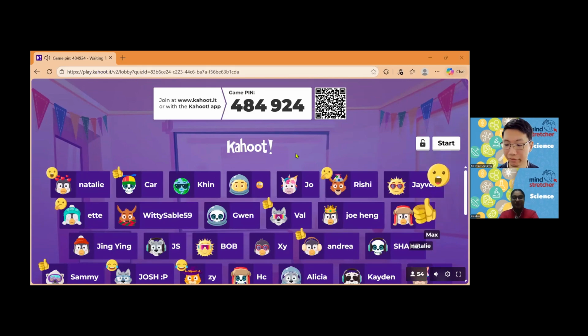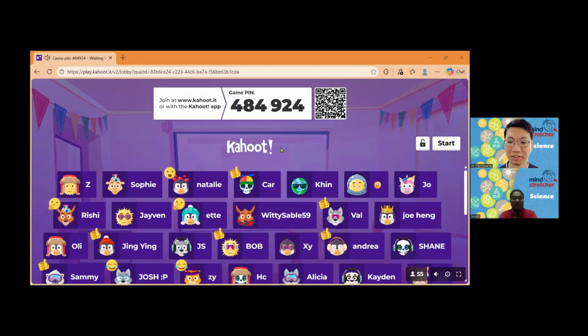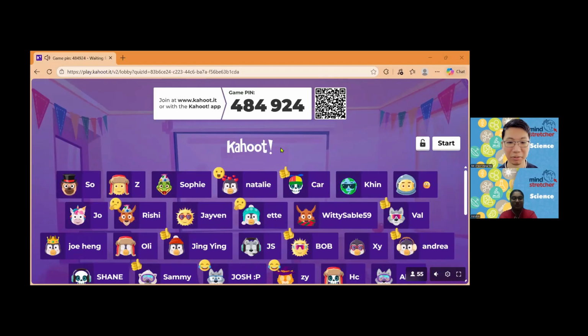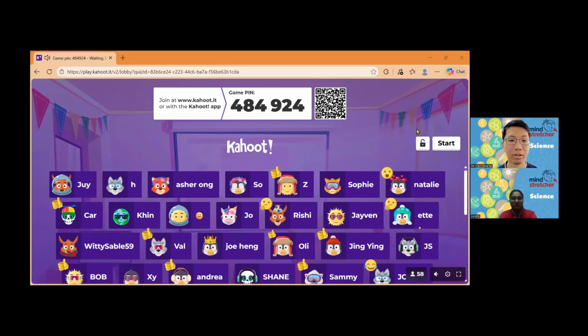Still got a few of you have not joined. Okay, this is on the periodic table, so fastest finger and accurate. Fast and accurate. Okay, 10 more seconds. Anyone else still joining? All good?